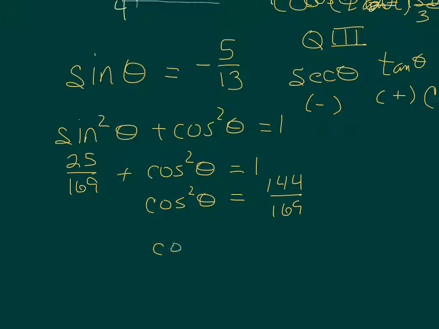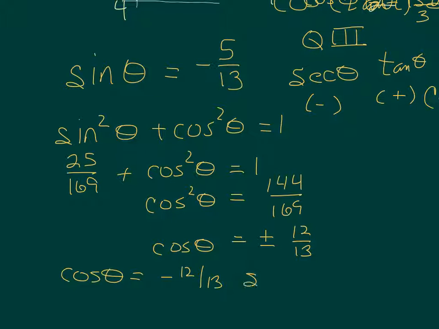And the cosine is usually plus or minus 12 over 13, but we are in quadrant 3, so we want the negative value. So the cosine is negative 12/13.